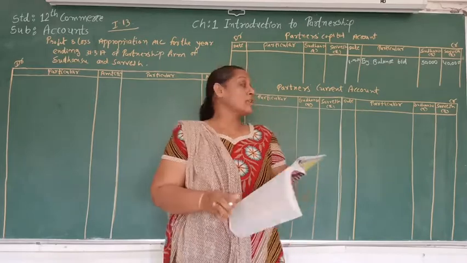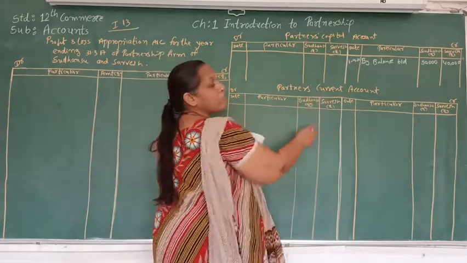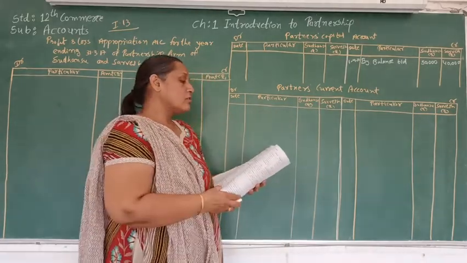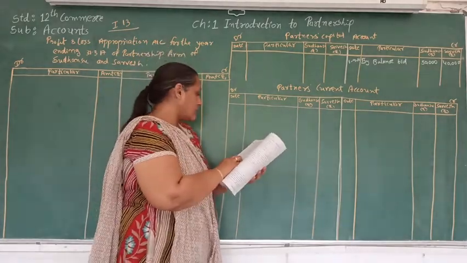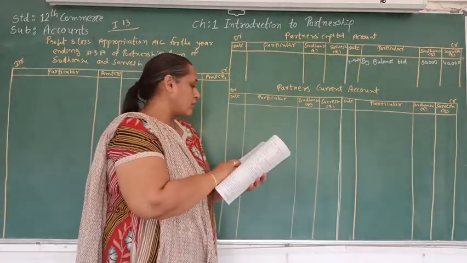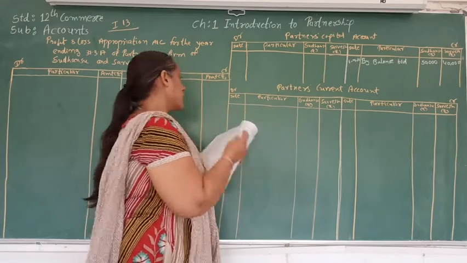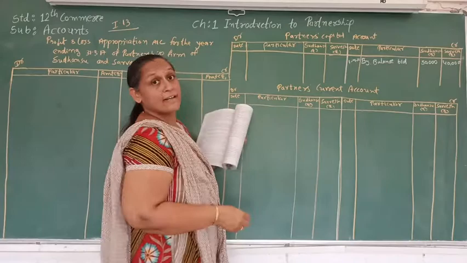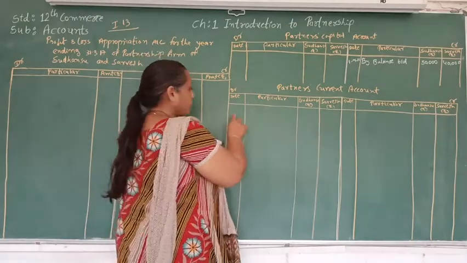So as we know that in a fixed capital account method, drawing we are writing in partners current account. So let's record them. So here Sudhanshu has withdrawn 6,000 on 1/7/16. Here we have to leave one line for the balance.